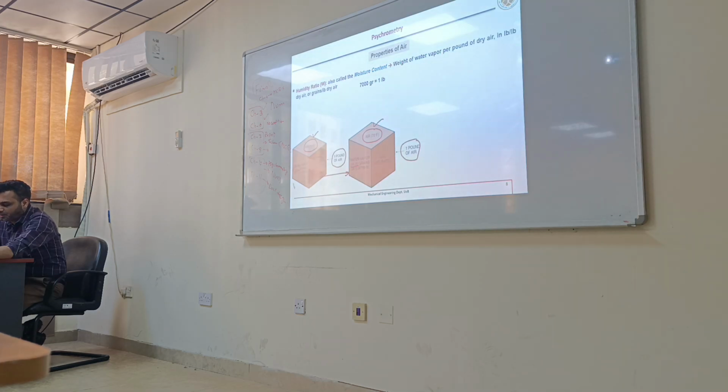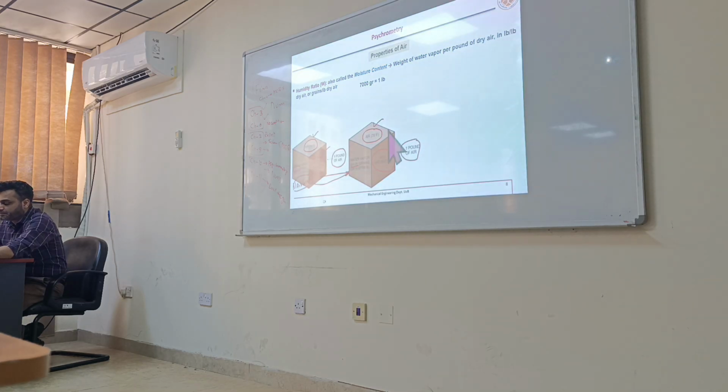How much? 110.5 grains. This was its maximum capacity to hold water vapor. So that's why we call it 100% saturated air. Same air, same temperature, but now the water vapor is dropped to half, 55.25. So then I will call it 50% saturated air.